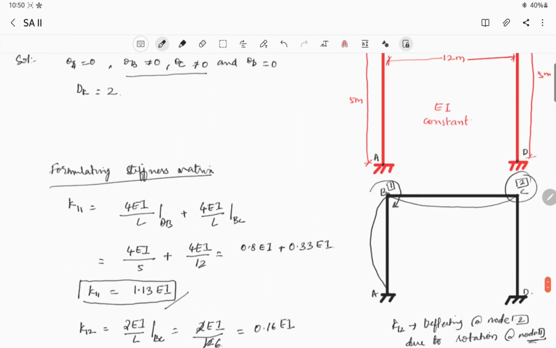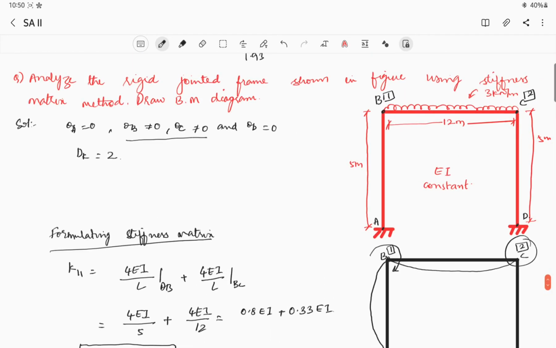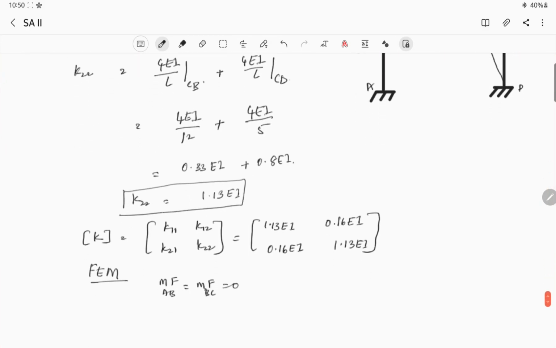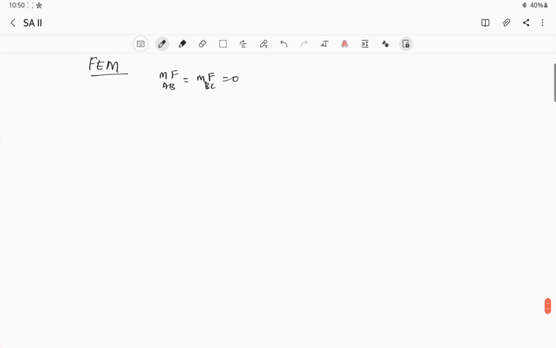Because, see the figure here, the entire figure, AB and CD, they don't have external forces, isn't it? So MFAB and MFBA will be 0. MFBC is equal to minus WL square by 12.